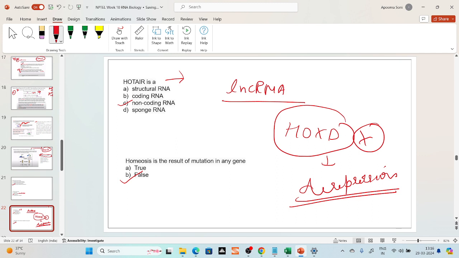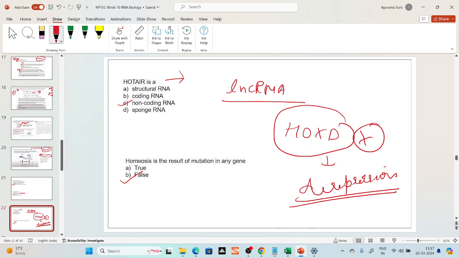Now, how it is getting expressed, that is a different scene. But the ultimate thing is that HOXD, which has to be repressed, is getting de-repressed. And because it is getting de-repressed, it is continuously activated.